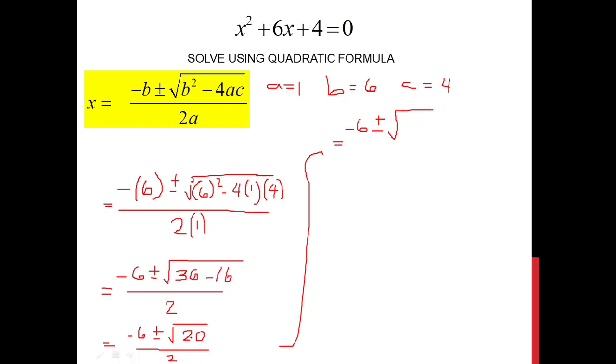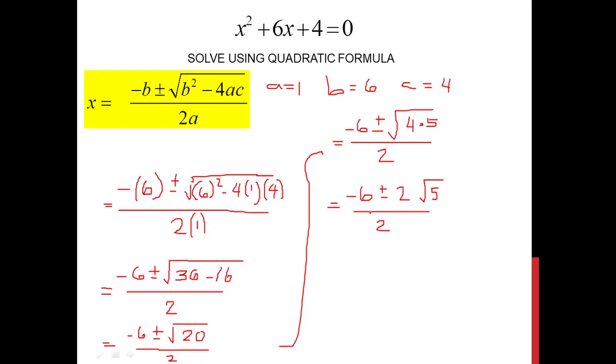So 20, again, we can factor as 4 times 5. So I have, again, negative 6 plus and minus the square root of 4 is 2. And since 5 is a prime number, it will go back inside the radical sign, over 2.